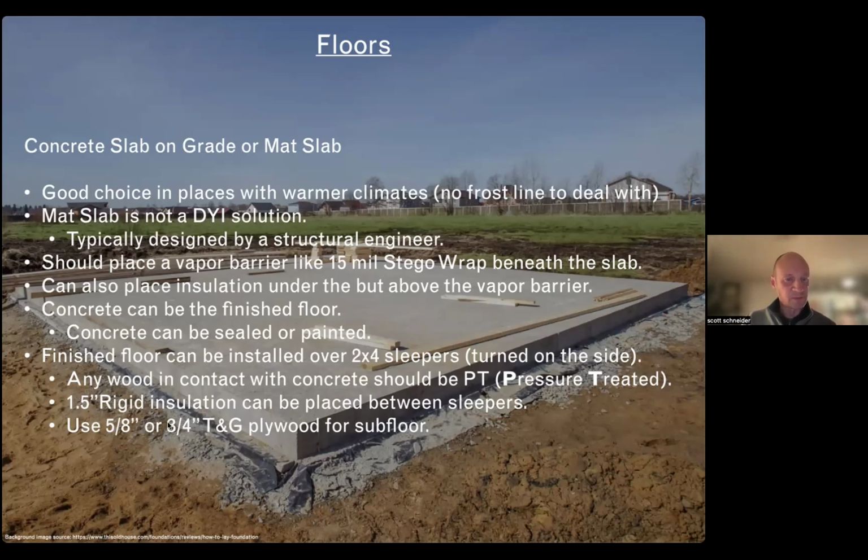Then on top of the sleepers, you can install 5/8 or 3/4 inch tongue and groove plywood for subfloor. And if you wanted some kind of finished floor, you could install it over the top of that.